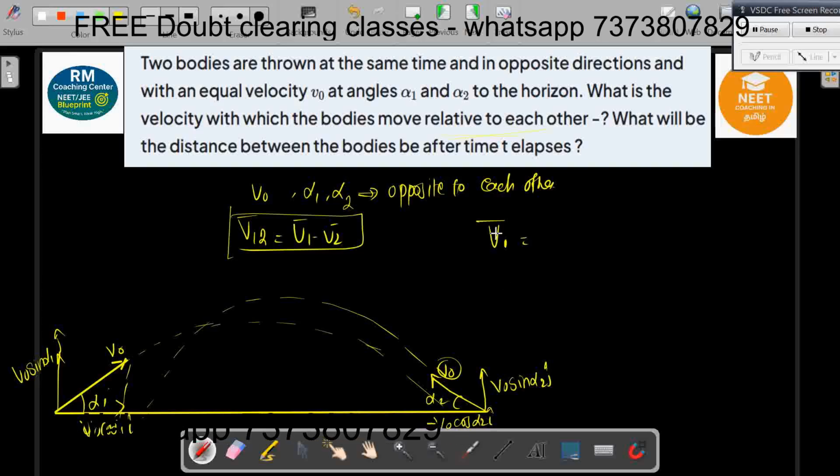So I write down the velocity equation for projectile 1. The formula is v naught cos alpha 1 i cap plus v naught sin alpha 1 j cap.